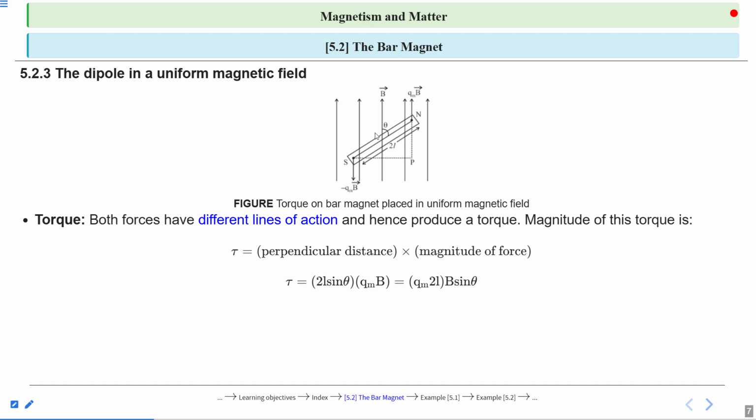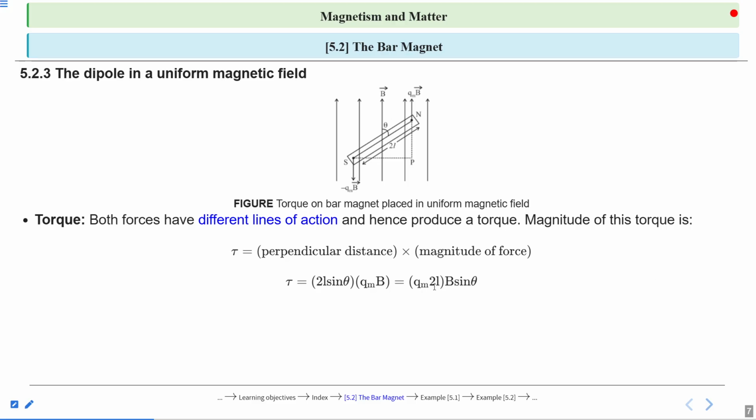By geometry, you can find this distance SP is 2L sine theta, by using trigonometric ratios. Into magnitude of force, which is QM into B. So it will result in QM into 2L B sine theta after rearranging.